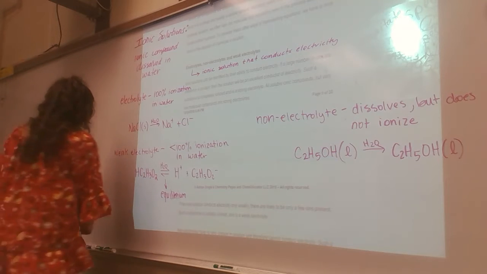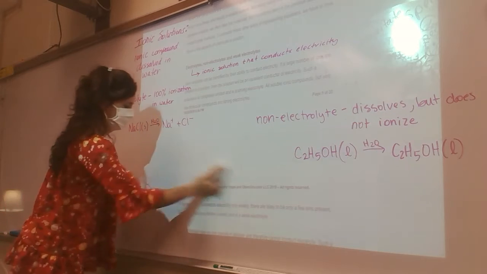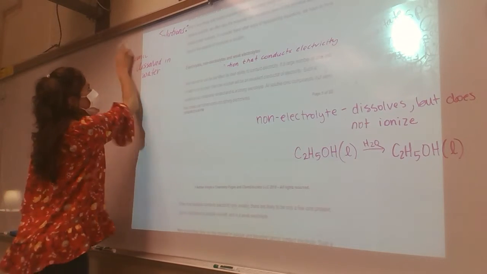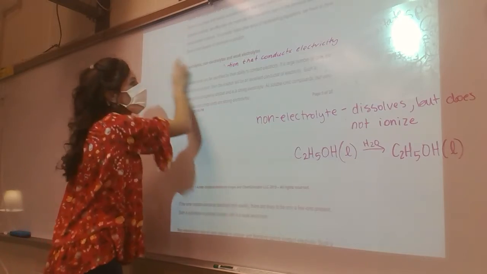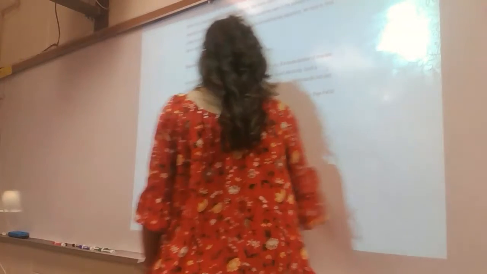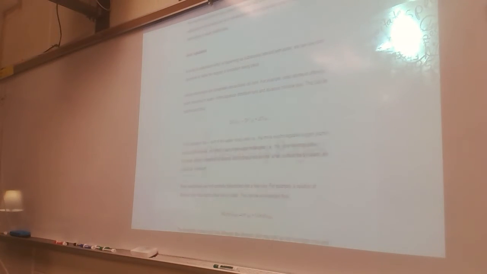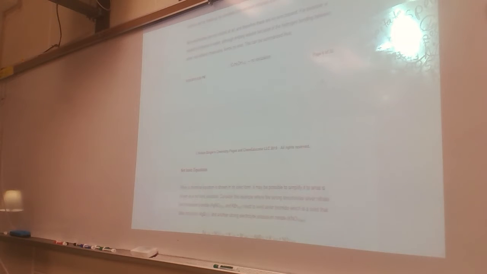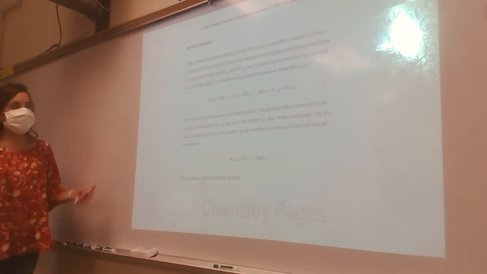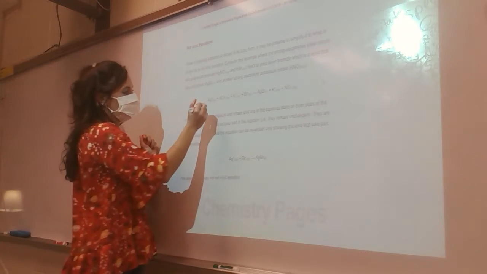Okay, the last thing I'm going to talk about is precipitation, where you take those ionic solutions that we were talking about and you mix them together. In this one, I'm going to rewrite this so you can see it.